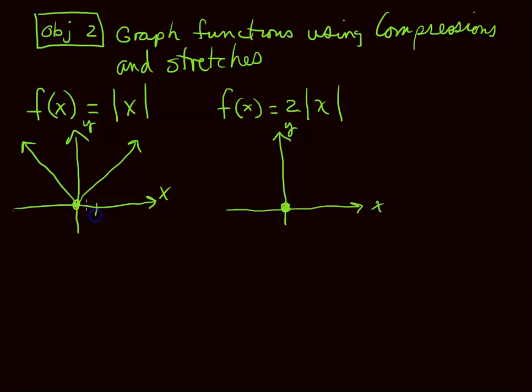But the 1 point becomes 1, 2. The negative 1, 1 becomes the negative 1, 2. So it gets stretched when you multiply by 2, which makes sense, vertically.